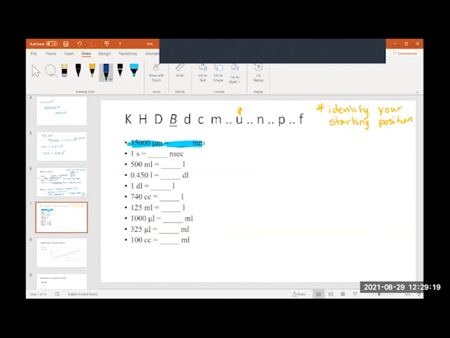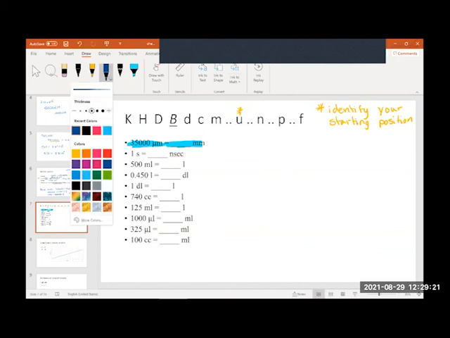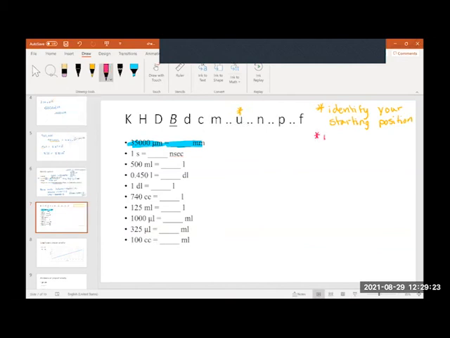Next step, identify your ending position. By position, I mean where you would be on the King Henry slider. So this is our ending position for this first problem.